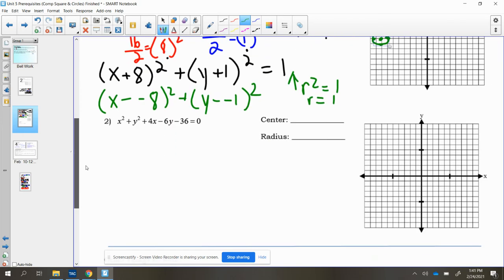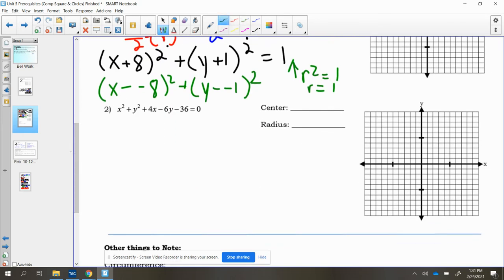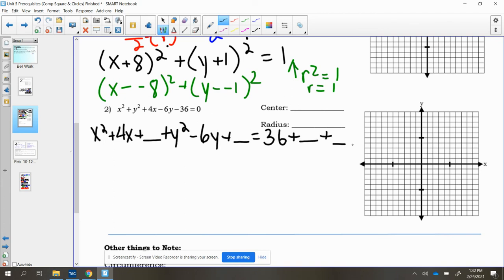We have a second example here that we're going to need to complete the square for. So we have x squared plus 4x plus blank plus y squared minus 6y plus blank. And we're going to have to boot that 36, it's just a constant, to the other side. So we're going to add it to the other side, and then we have blank and blank.